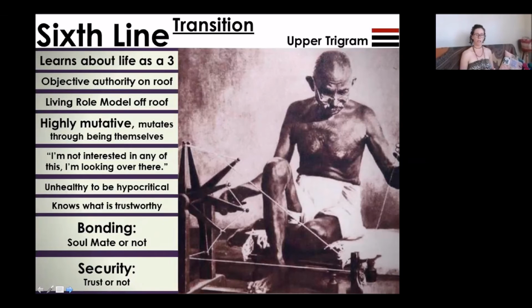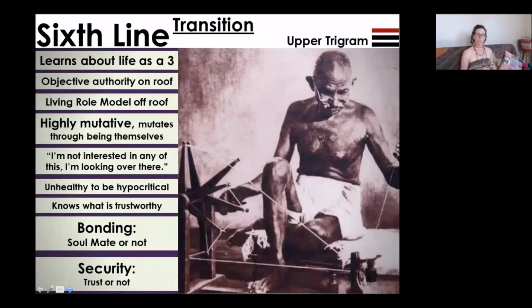They're really looking for perfect love. They have high standards. They are exacting when it comes to someone being trustworthy or not. They're looking to really trust someone. And if someone betrays their trust, a six will never let them in again at that level.